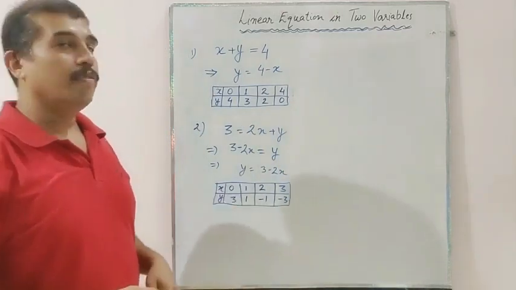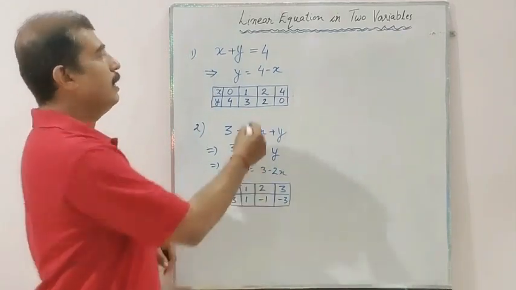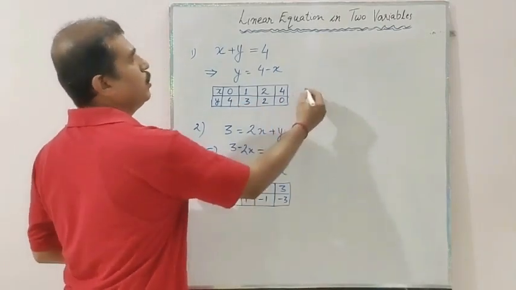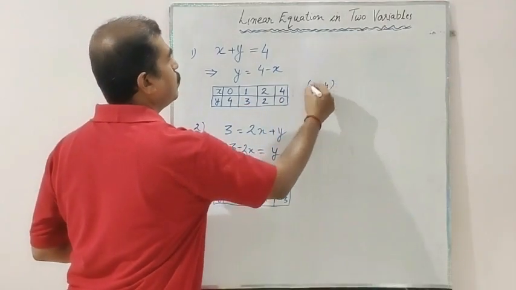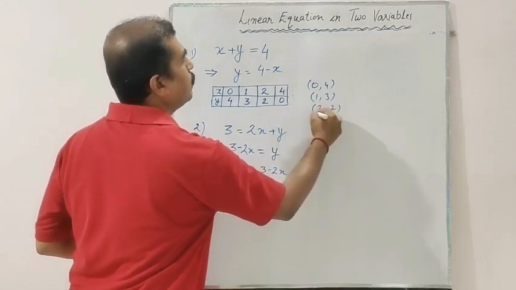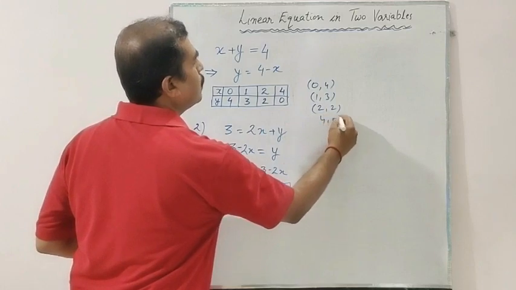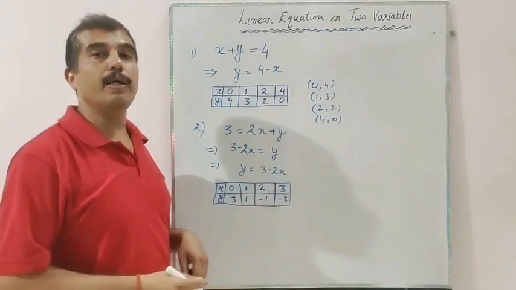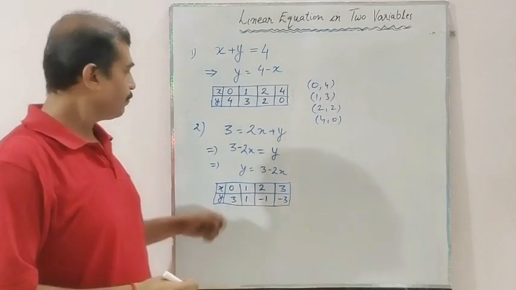So these are the various solutions. If we have to write the solutions, what does it show? It shows that (0, 4) is one solution, (1, 3) is one solution, (2, 2) is one solution, (4, 0) is another solution. So again we can see that there will be an infinite number of solutions.